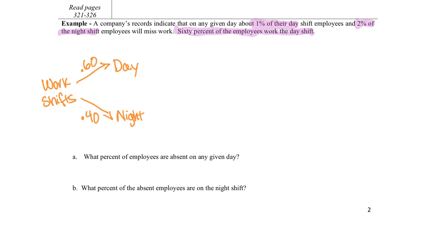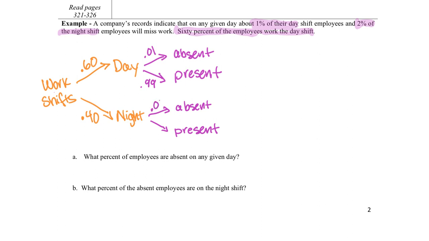It's going to be in the next part. So it's 1% of the day shift workers that are absent on any given day and 99% that would be present. And then that 2% for the night shift workers and 98% would be present. From there, you can find the combinations.